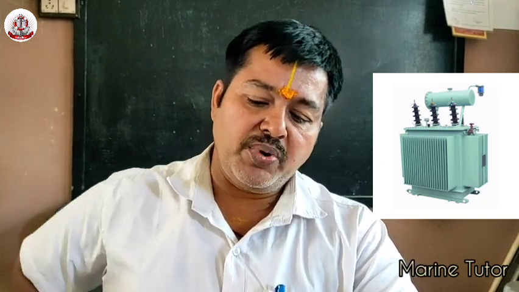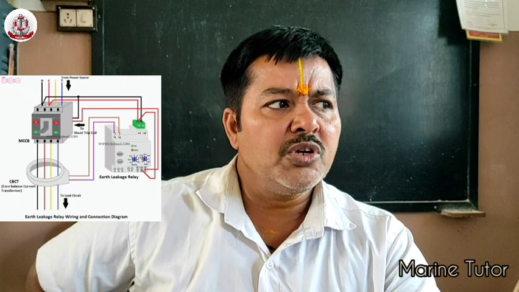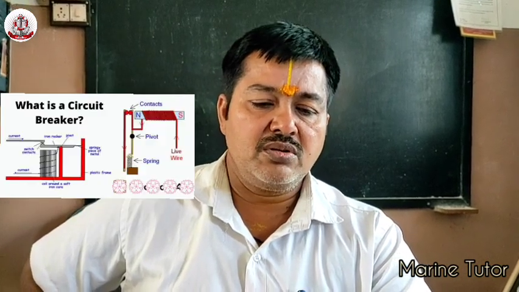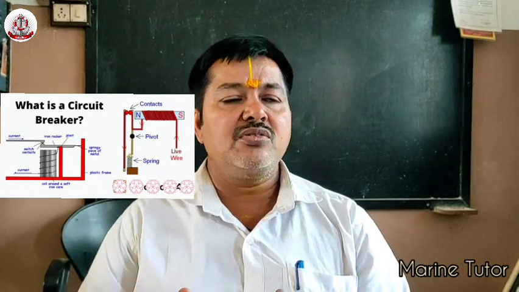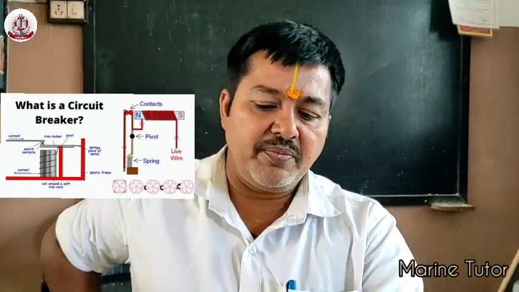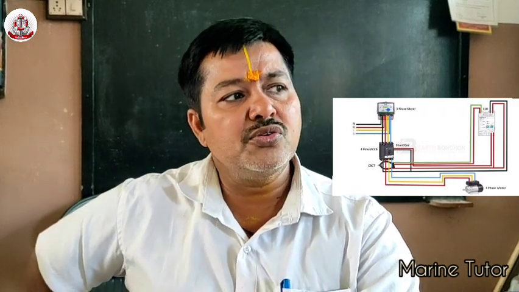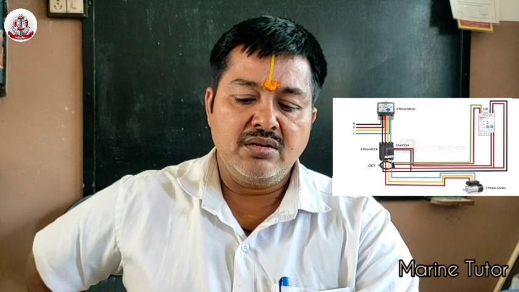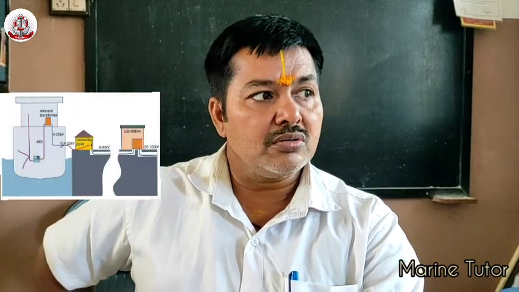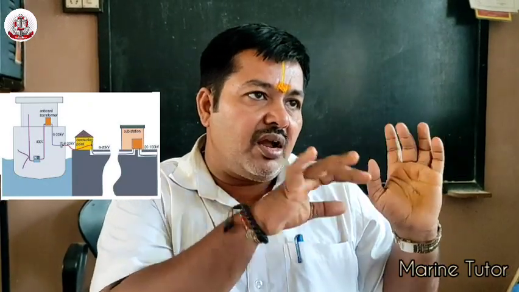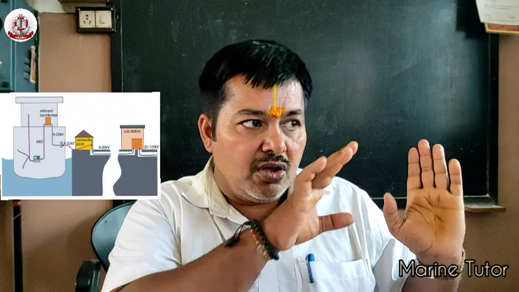Then source supply connection. Here the ESB emergency switchboard will be connected. The battery will be charged from the source supply, and for power both AC and DC are used. The input will be AC and the output will be DC.